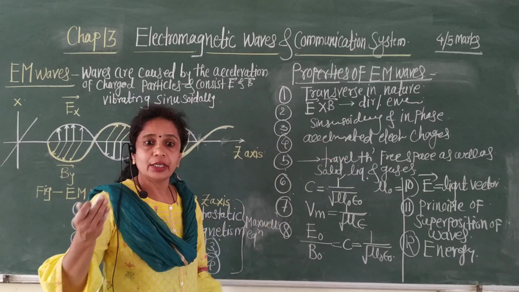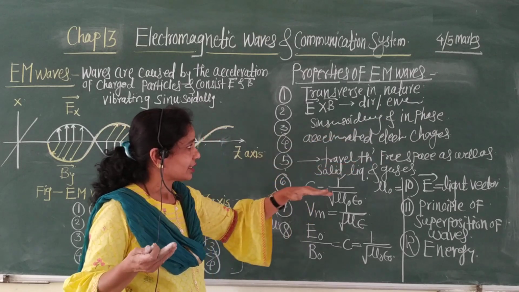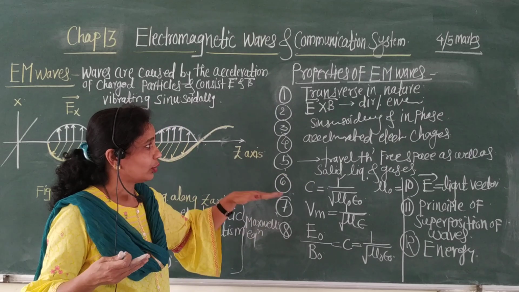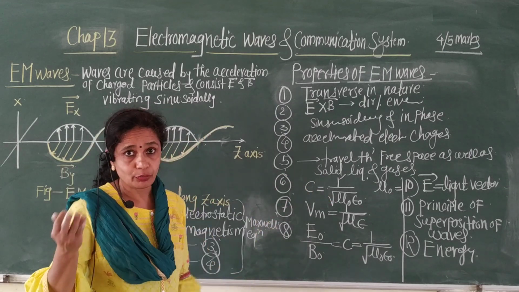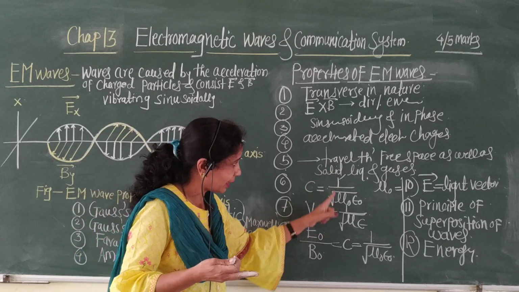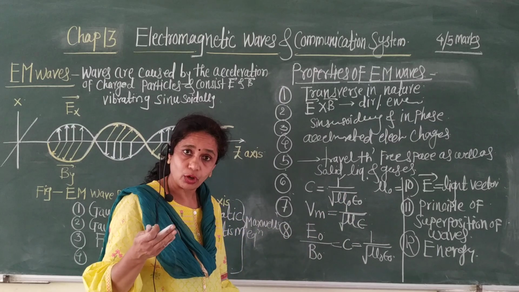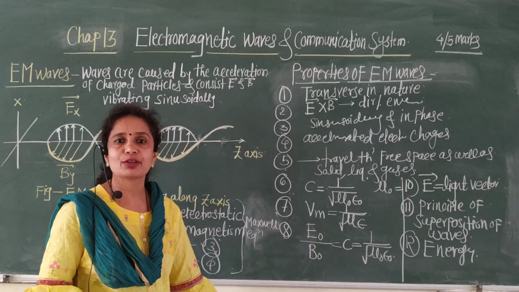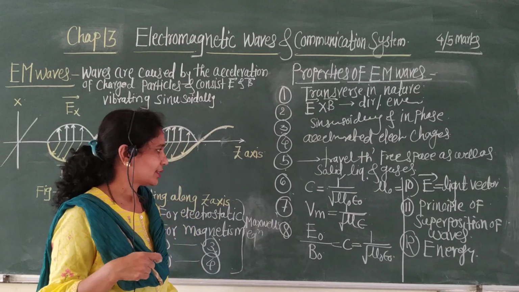Then the electromagnetic waves are produced by accelerating electric charges. Then they can travel through free space as well as solid, liquid and gases. In free space, the velocity of electromagnetic waves is given by 1 upon under root of mu naught epsilon naught. It is equal to the velocity of light, and you know the velocity of light is 3 into 10 raised to 8 meter per second.